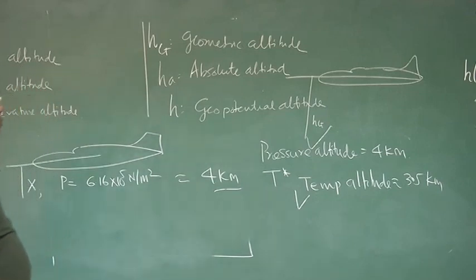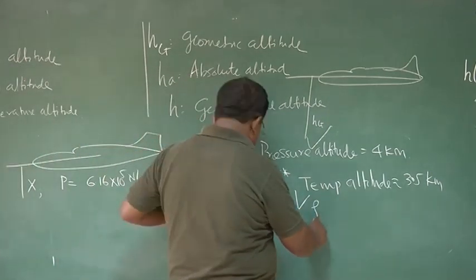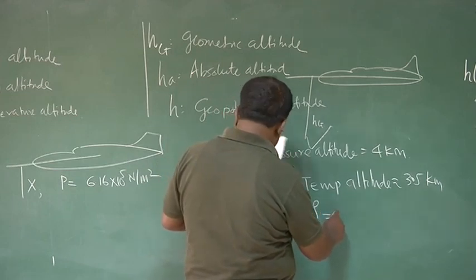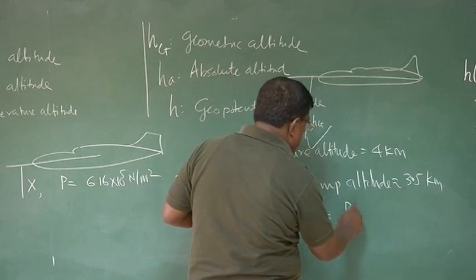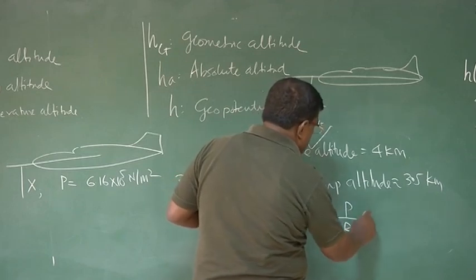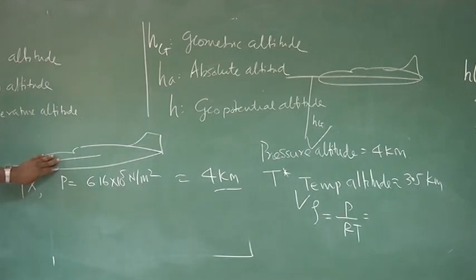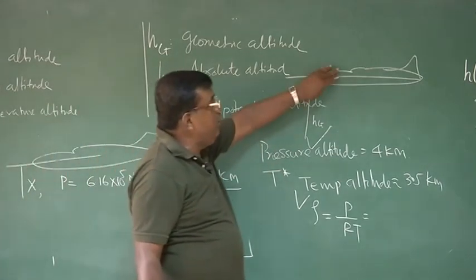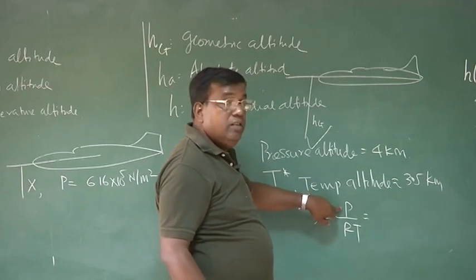And now if I ask what is the density altitude, we all understand. Rho equals P by RT. So you know what is the pressure you are sensing, the actual pressure. You know what is the temperature you are actually sensing. You find the density by using this relationship.